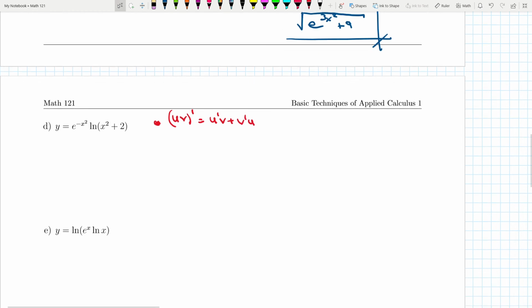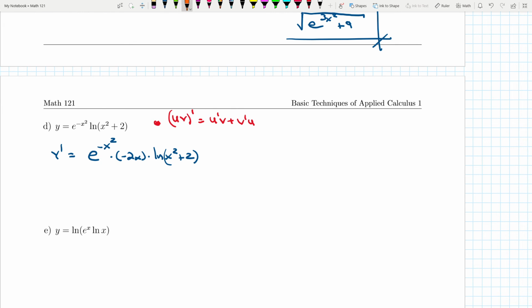Let's take the derivative of the first factor, the derivative of e to the negative x squared. So y prime equals itself, e to the negative x squared, times the derivative of negative x squared, which is negative 2x, but that times ln of x squared plus 2.